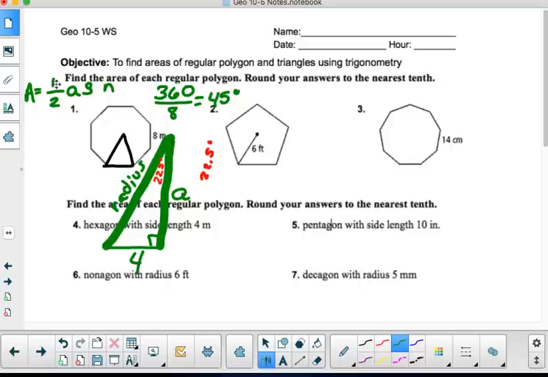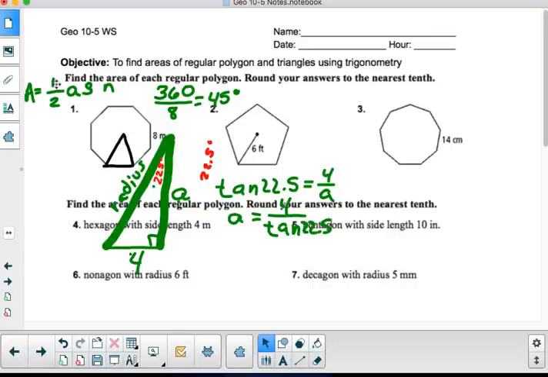Now, to work with my apothem, I'm going to use tangent because this is opposite over adjacent. Tangent of 22.5 degrees is equal to 4 over A. So A will equal 4 over tangent of 22.5. I can put that in my calculator, but I'm going to hold off on that for a second.